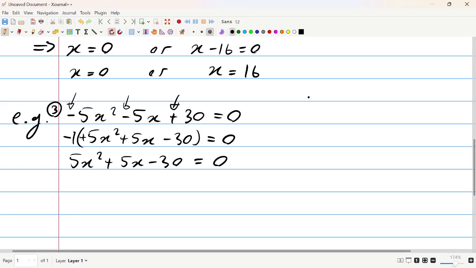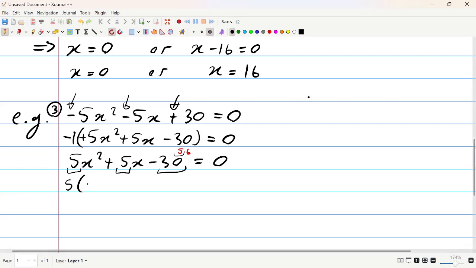And now notice, we have a coefficient in front of the x squared. Oh, we don't like that. Is there a common factor we can take out? 5, 5, and 30. And notice that 30 can actually be broken down into what? 5 multiplied by 6, right? So therefore, we can take out 5 as a common factor from there.